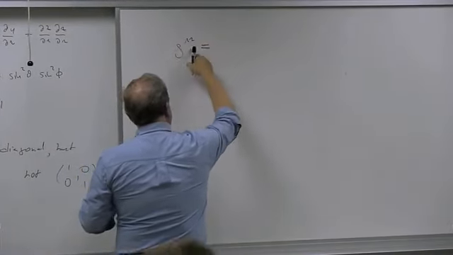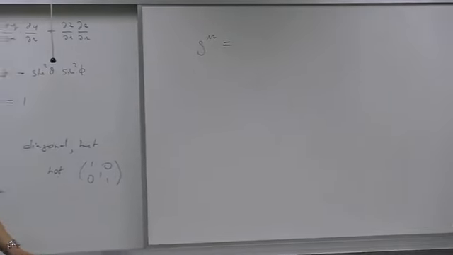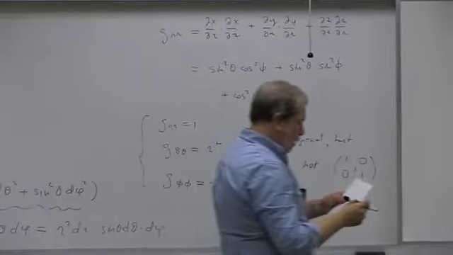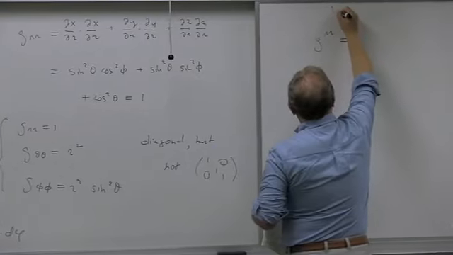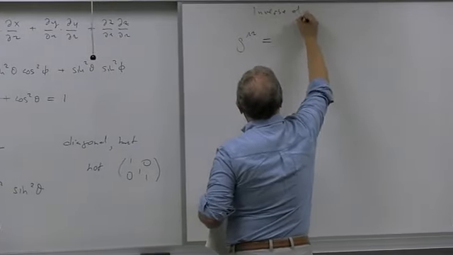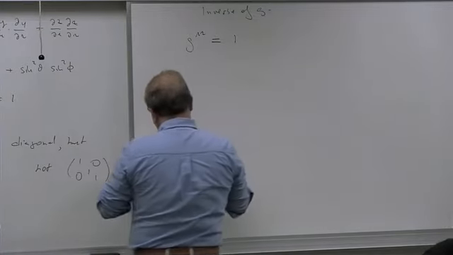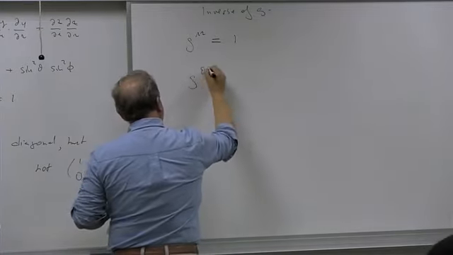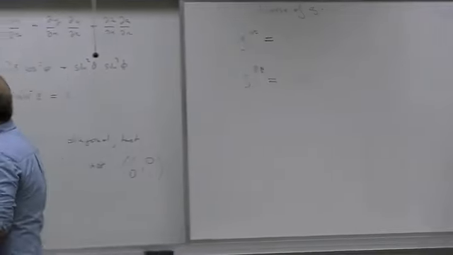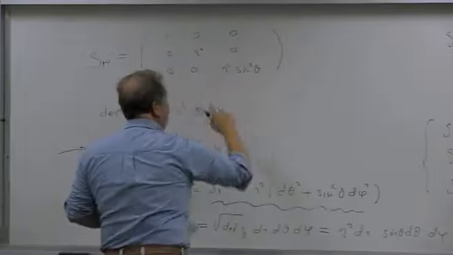So G^rr, remember we denote the inverse by having the indices upstairs. So the inverse of G_rr is just equal to 1. And G^theta theta is the inverse of this matrix element, right? So it's 1 over r squared.